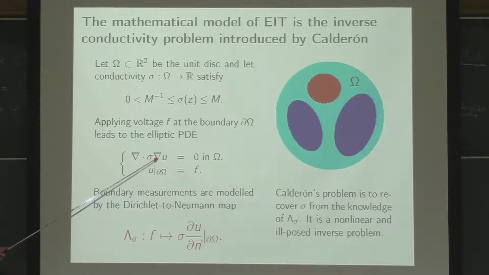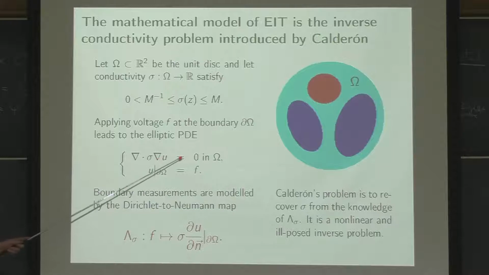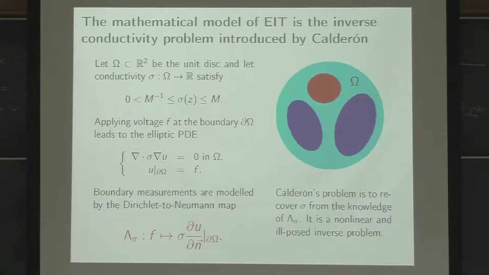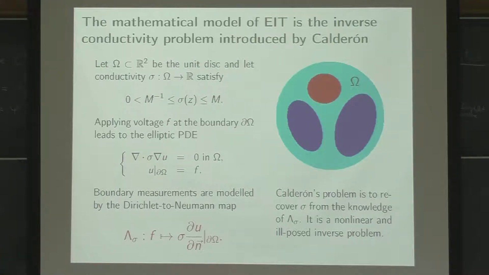Minus gradient of u is the electric field, and then sigma times gradient of u with a minus sign would be the electric current field, and then divergence vanishes because there are no sources or sinks of current inside the domain.